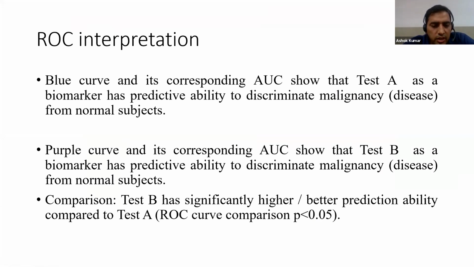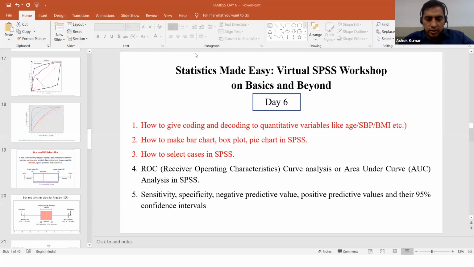In comparison, test B has significantly higher, better prediction ability compared to test A. ROC curve comparison p value less than 0.05, with its AUC value and its 95% confidence interval. We have to mention where we get them, no problem.